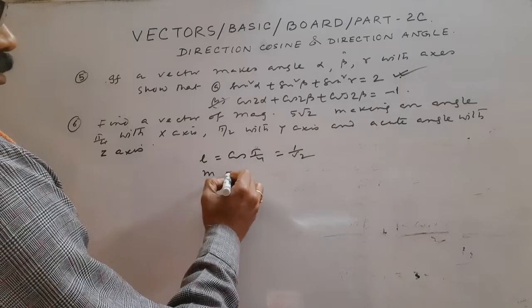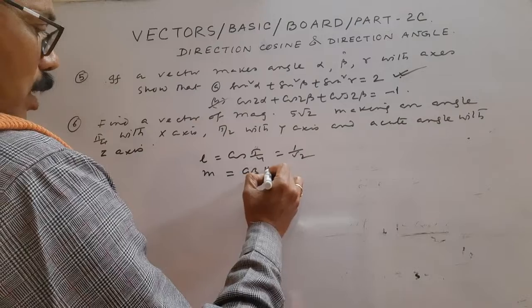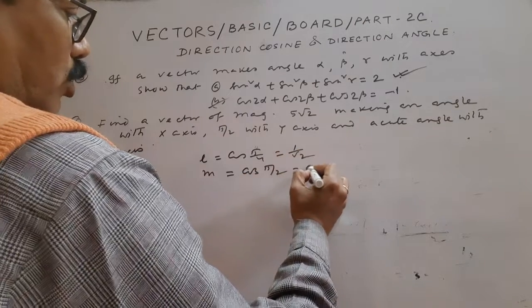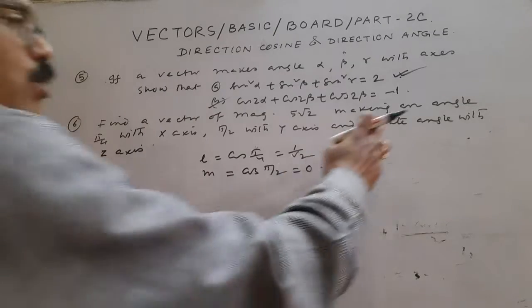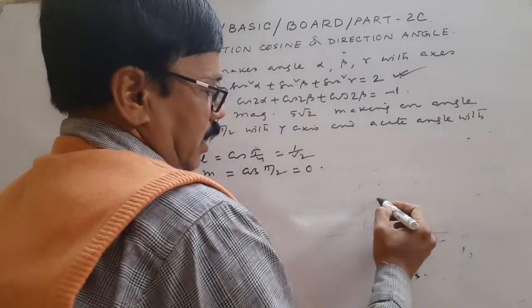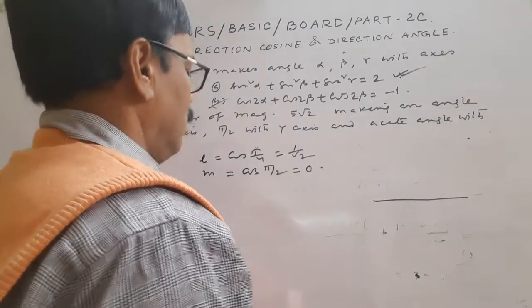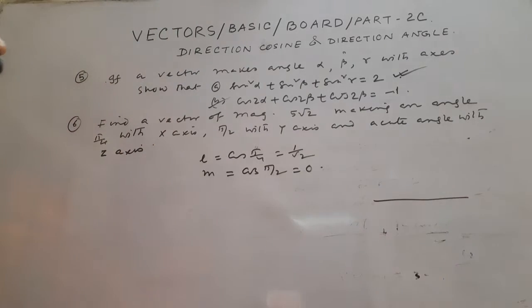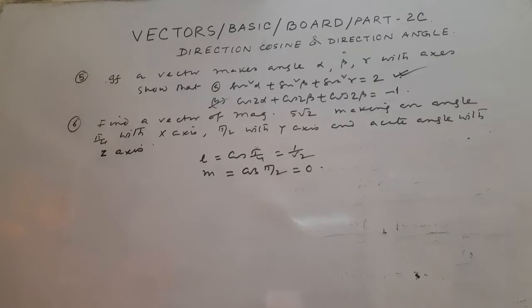And m equals cos pi by 2 with the y-axis, so this is 0. Now, the angle with the z-axis is acute. The line makes an angle 90 degrees with the y-axis, so cos pi by 2 is 0.